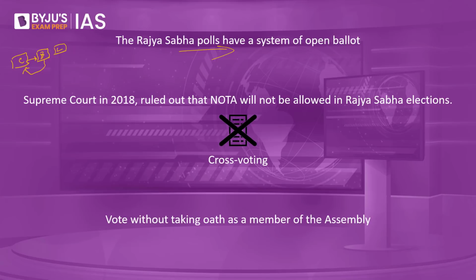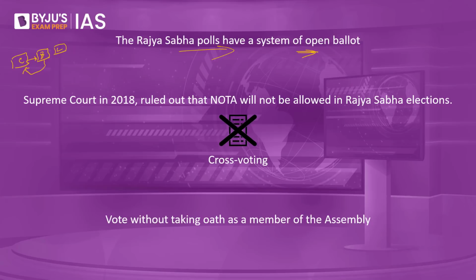Ideally, the representative, that is the MLA, should vote for their own political party members, but instead if they vote for another political party, that is what is called cross voting. So this open ballot is taken into picture to prevent the rampant corruption that exists in the Rajya Sabha elections. How does this work?